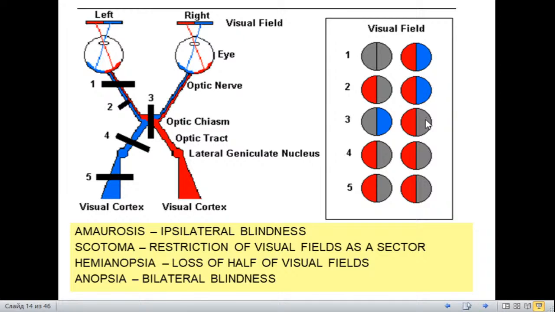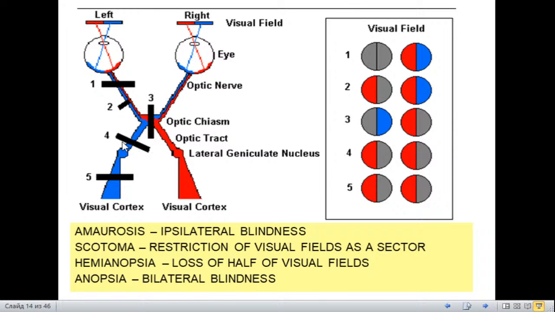In this case, when half of the visual fields is lost, we are saying hemianopsia, loss of half of visual fields. In this case, because both temporal visual fields are lost, we are saying bitemporal hemianopsia.